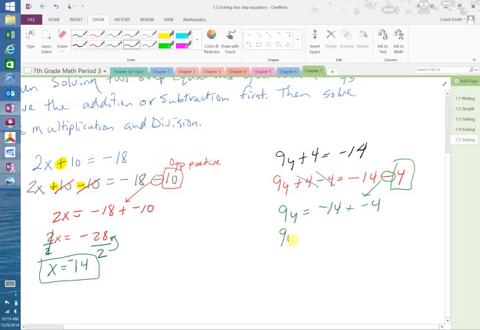So it gives me 9y. I have two negatives. I just simply add the two negatives together, which gives me negative 18. Second step is to divide both sides by 9. The 9's cancel, giving me y is equal to, 9 goes into 18 2 times. There's one negative sign, so it's negative 2.